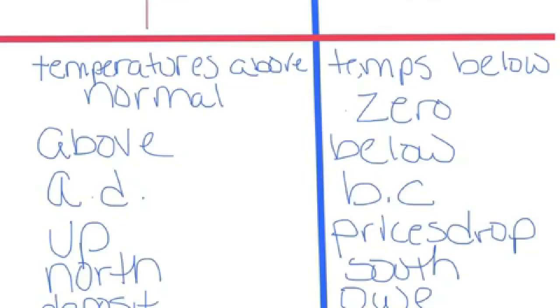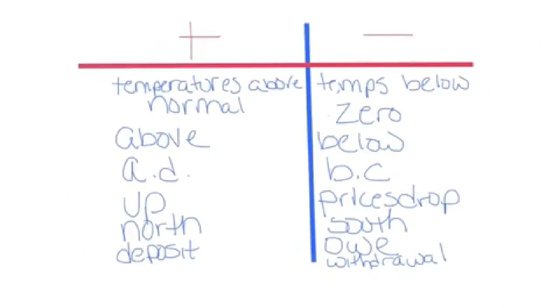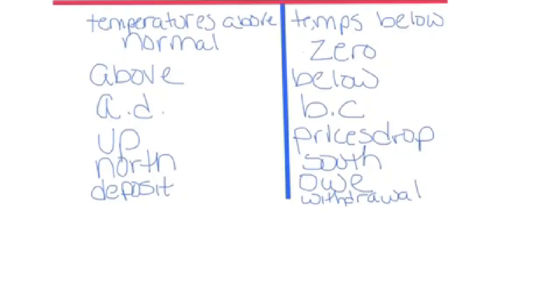Withdraw, that means to take money out of your bank. That's negative. Forward is a positive. Backward is negative.